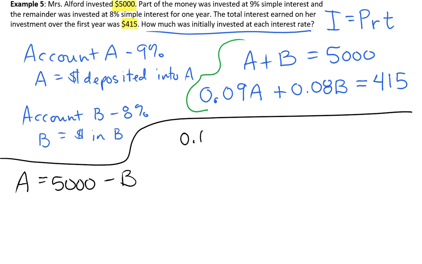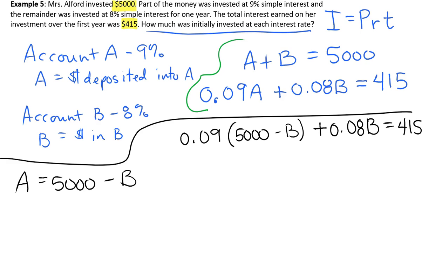So we have 0.09 times (5,000 minus B) plus 0.08B equals 415. Sorry, this is plus. And if we distribute the 0.09 times the 5,000 we end up with 450.